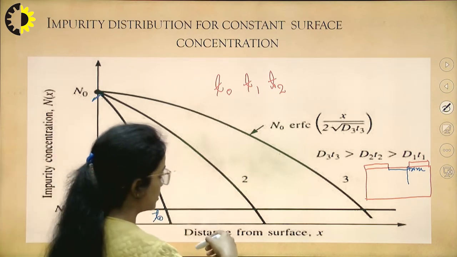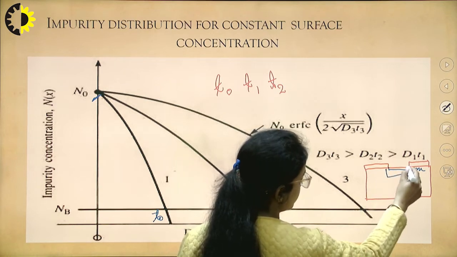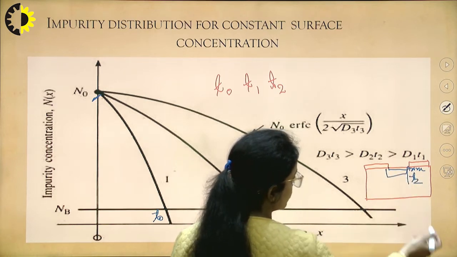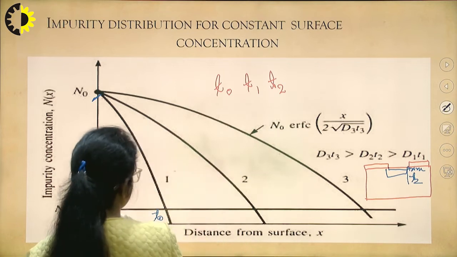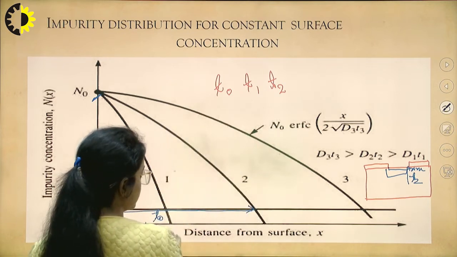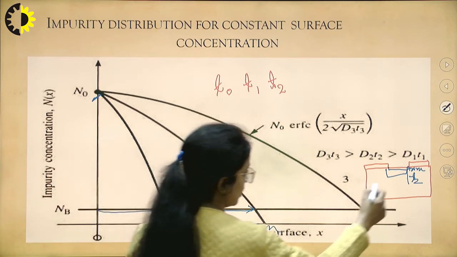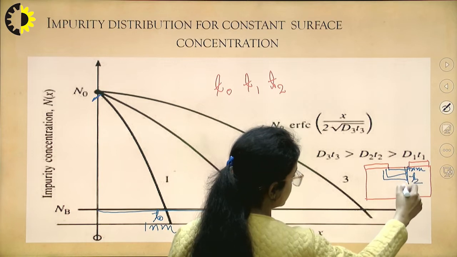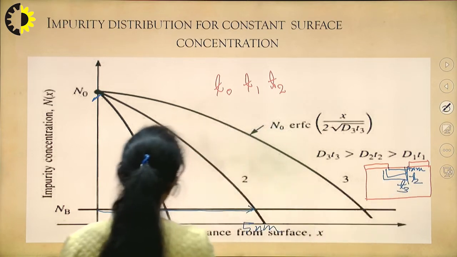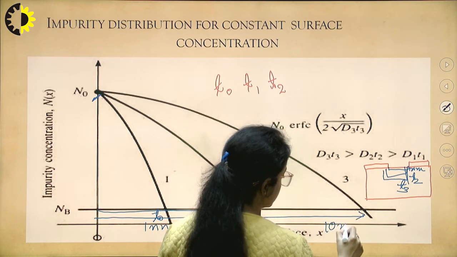Now let's say we are increasing time to T2. For time equal to T2, the junction depth has increased from 1 nanometer to 5 nanometer. Now for another time, T3, it has increased from 5 nanometer to 10 nanometer.